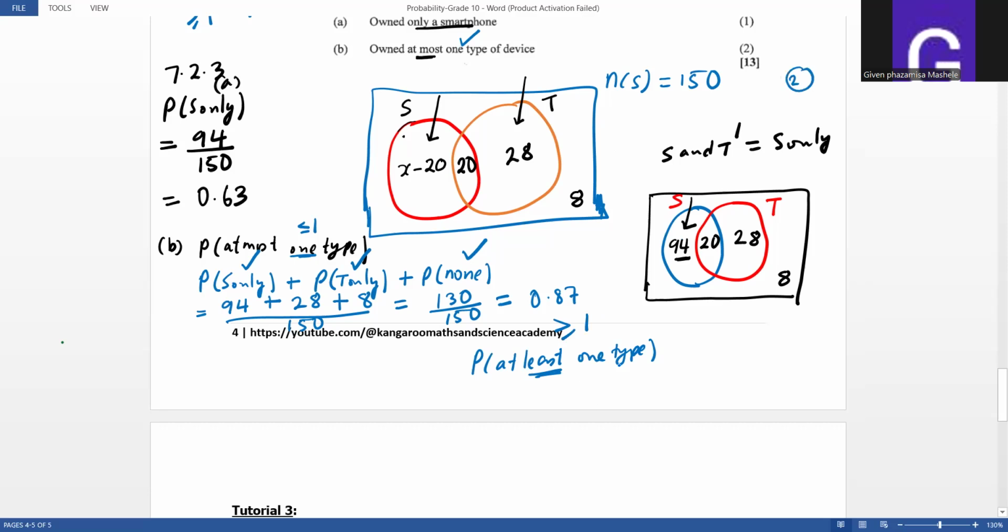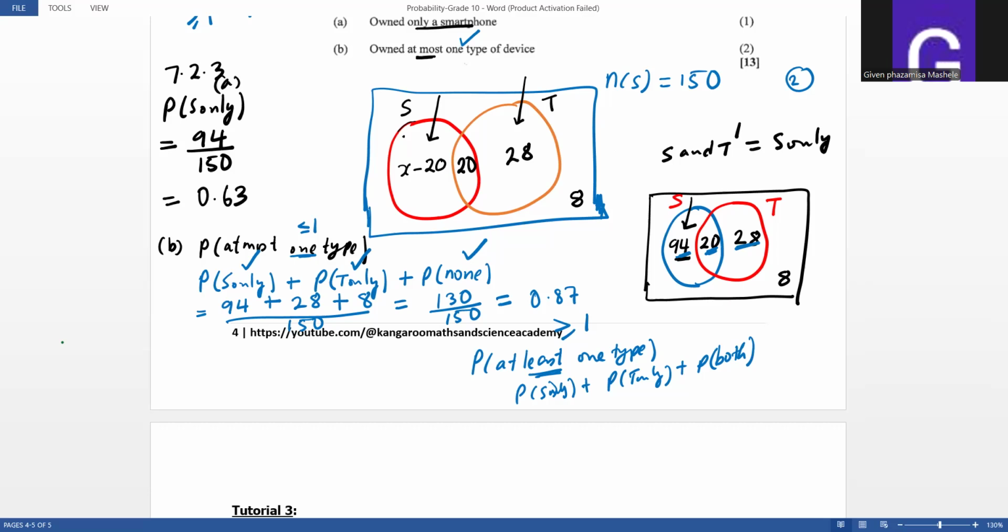So if they say at least one, it means it's either a smartphone only, or a tablet only, or both, because it's 1 or above. So here we're going to add 94, 20, and 28, not 8. So it will be 94 plus 20 plus 28, which is 142 divided by 150.